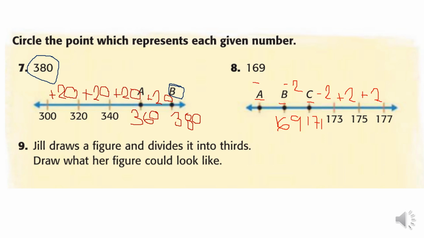And in the last one, if you subtract 2 from this number, you will have 167, right? So which letter represents this number? A, B, or C? It represents the letter B, right?